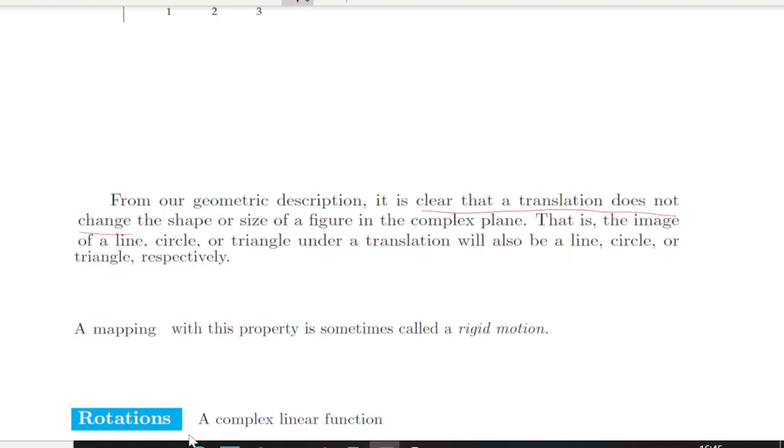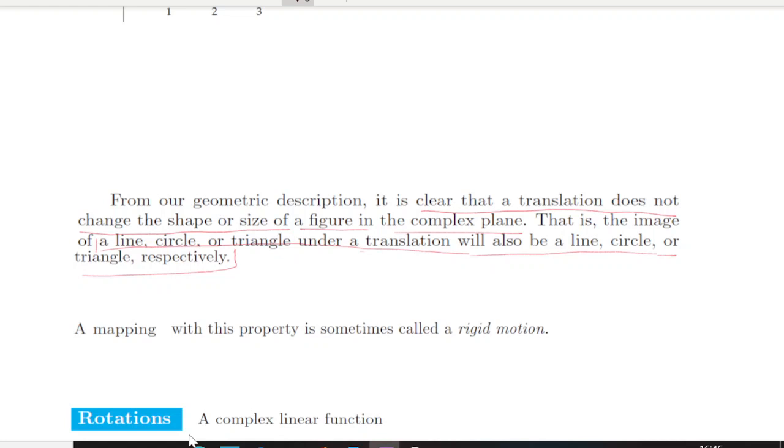That is, the image of a line, circle or triangle under translation will also result in a line, circle or triangle respectively. Okay. Now we can examine what is meant by rotation.